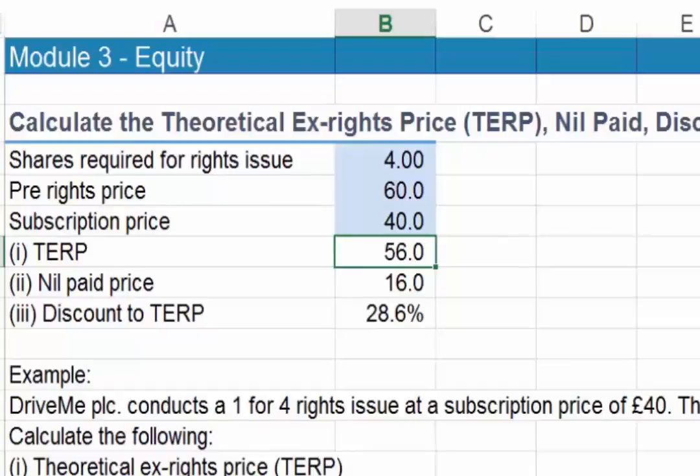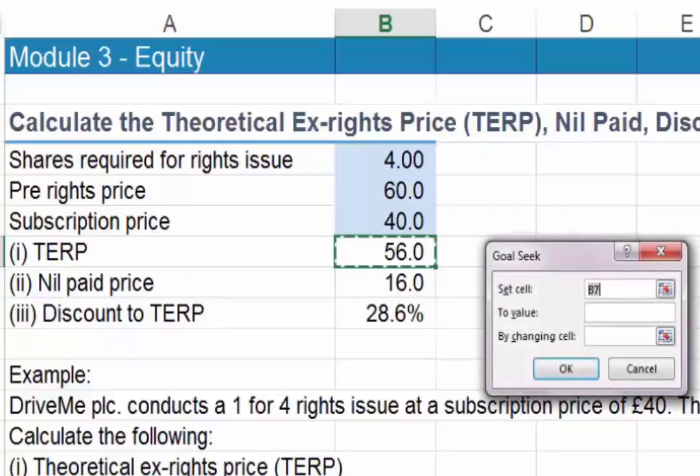The way to do that is you click on the TERP cell where the formula is for the 56, so in B7. You go to your Data menu in Excel. Depends what version of Excel you have, but you'd have to look for this if you have a different version. Data, and then go to What-If Analysis, and the second option there is Goal Seek. You'll see that it opens up a little window which says Goal Seek.